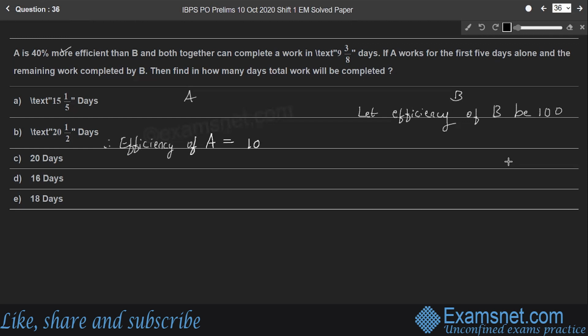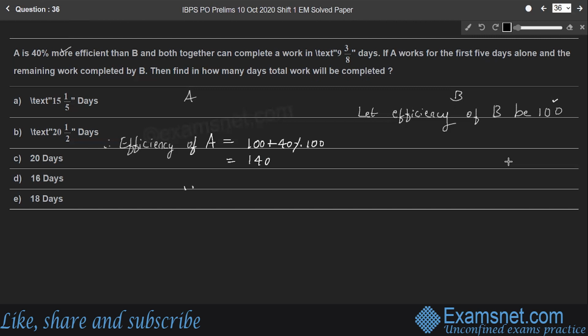Otherwise you can write it as 100 plus 40% of 100. If you take 100 as common, it becomes 1 plus 40 by 100. So the 100 will get cancelled. The remaining is 140. So the efficiency of A is 140 and the efficiency of B is 100.